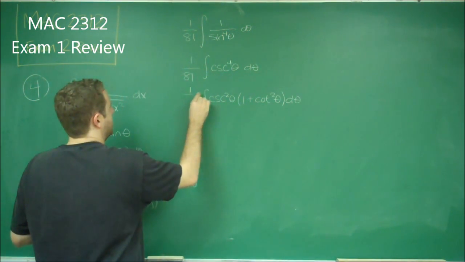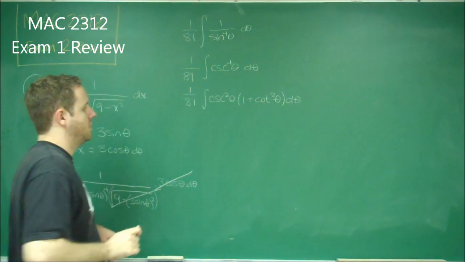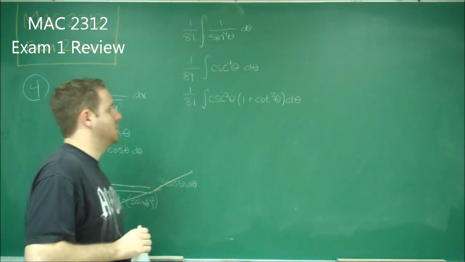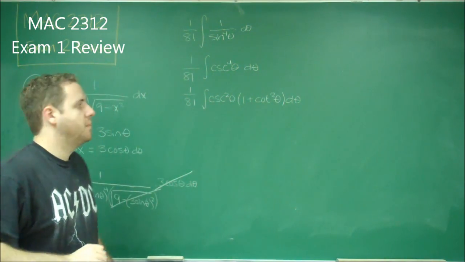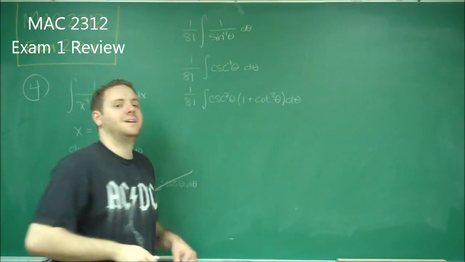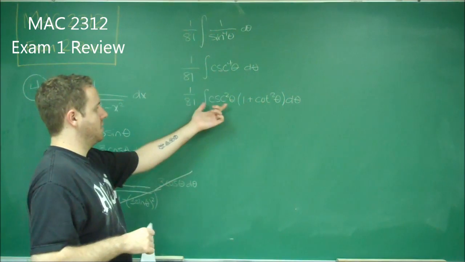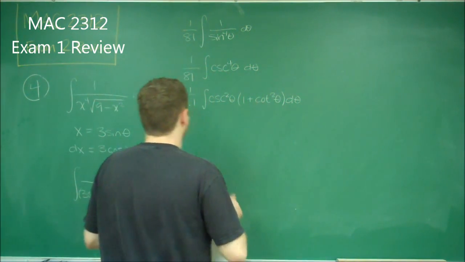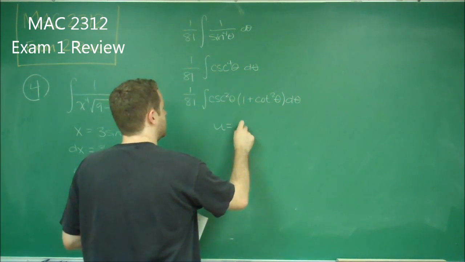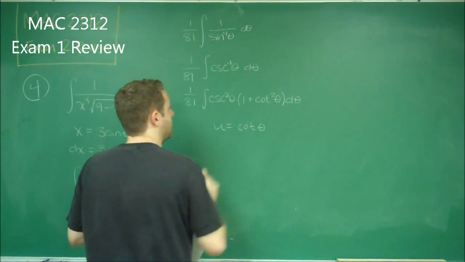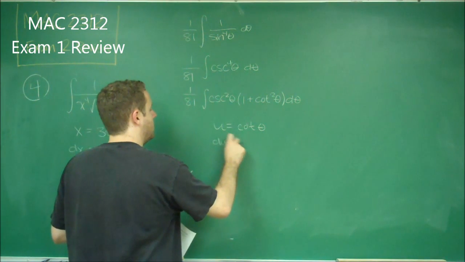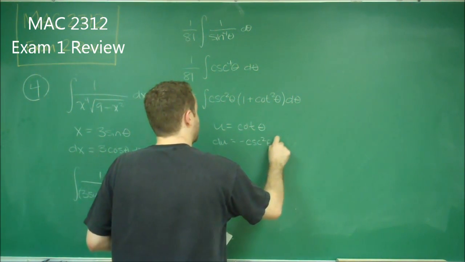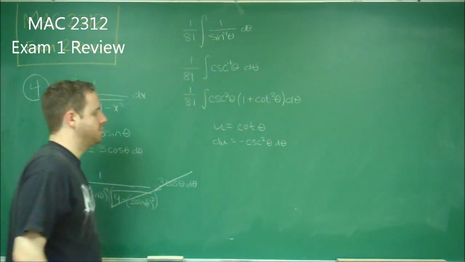We get a 1 over 81 here. So what we can do here is just do a standard substitution, because the derivative of cotangent is negative cosecant squared. With substitution it will cancel, we'll just get stuck with the negative sign. So what we're going to do is say u equals cotangent theta. That means that du is equal to negative cosecant squared theta d theta.